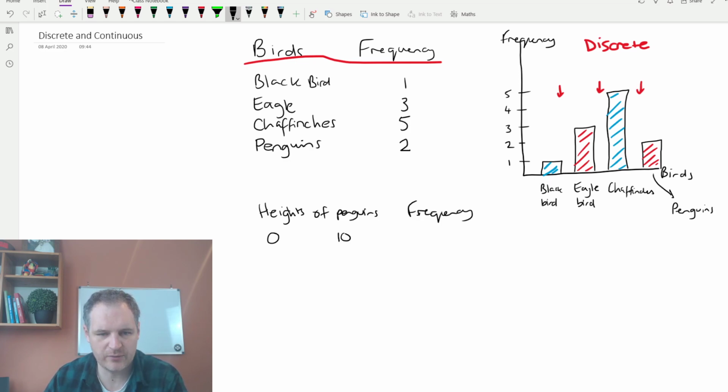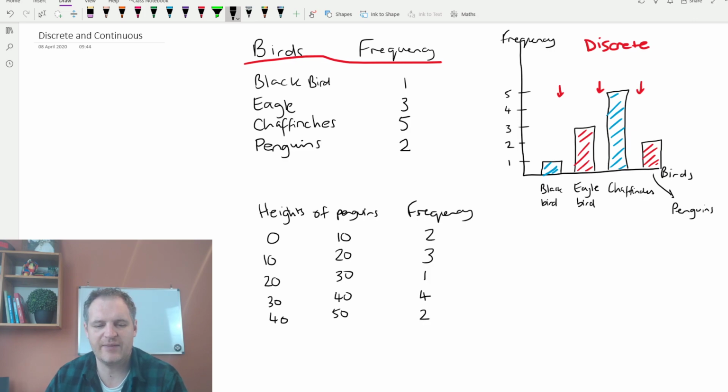They're quite small penguins. Then we have some from 10 to 20 centimetres, from 20 to 30 centimetres, some from 30 to 40 centimetres, and some from 40 to 50. And if I count them, I've got 2 like that, 3 like that, 1 like that, 4 like that, and 2 that size.